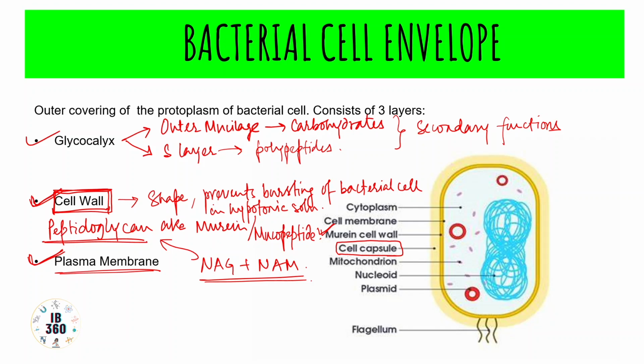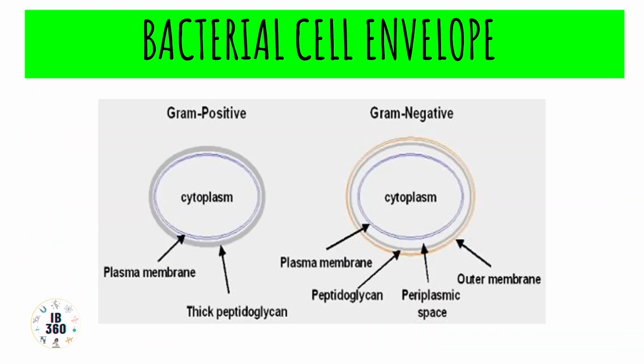Okay, so let us move on to the next topic. As I was saying, gram-positive has only one layer of cell wall, which is 70 to 80% peptidoglycan, and very less lipid content. So, a one-layered cell wall.